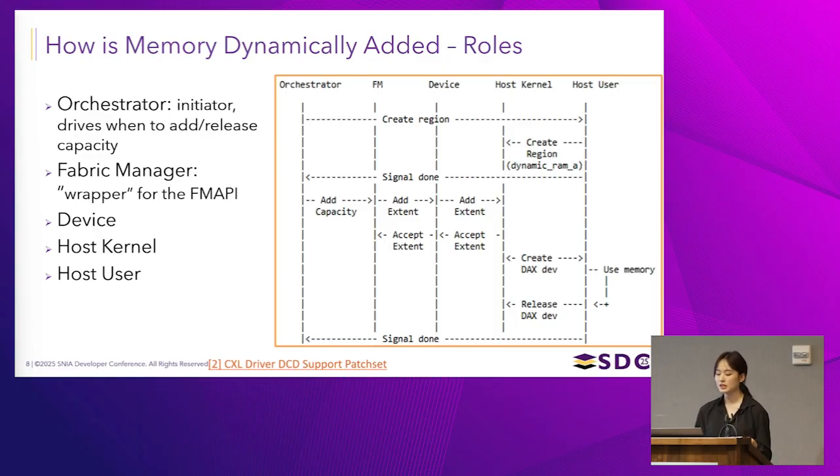And the fabric manager is just the thing that encapsulates the FM API, which is how to tell the device whether to add or release the memory. But the fabric manager doesn't actually initiate anything on its own. So hopefully that difference is clear, and it should become more concrete in the demo video, which I will show later. But before that, I'm going to talk through the full flow of how memory is dynamically added in the context of this full workflow.